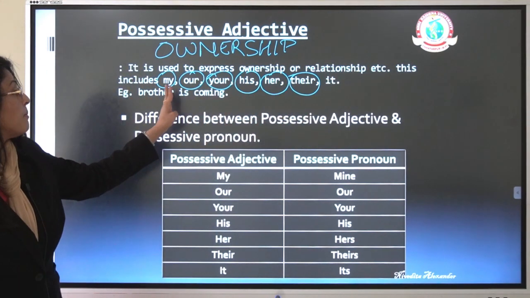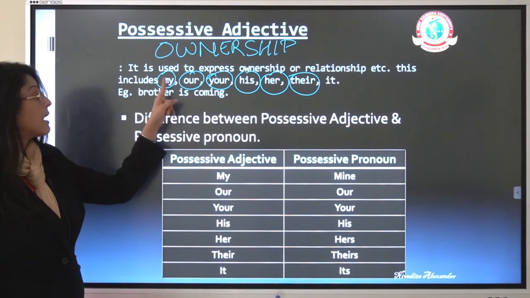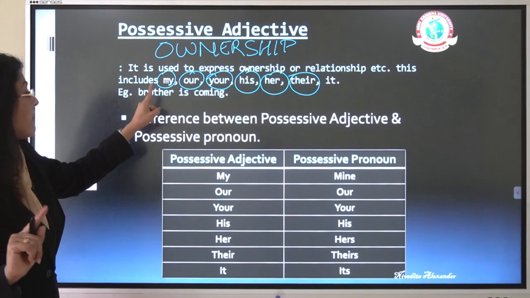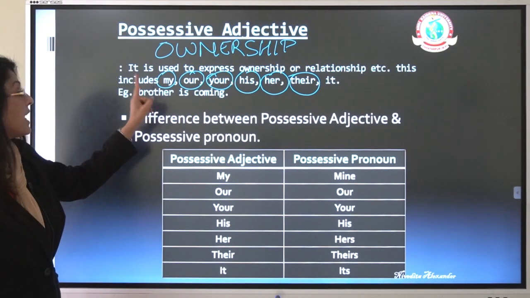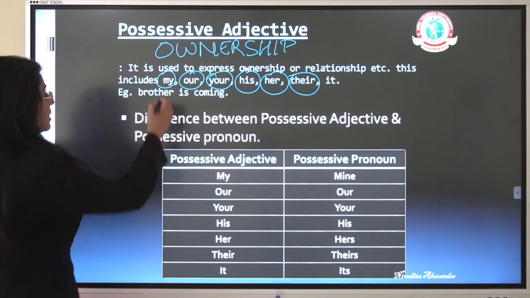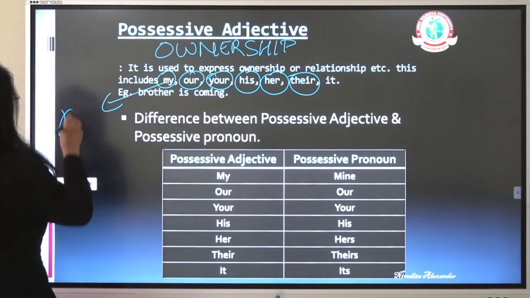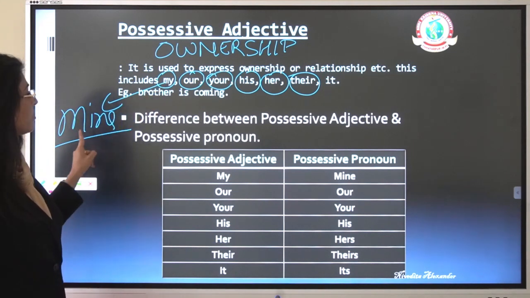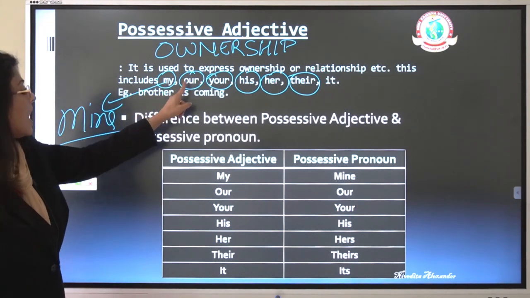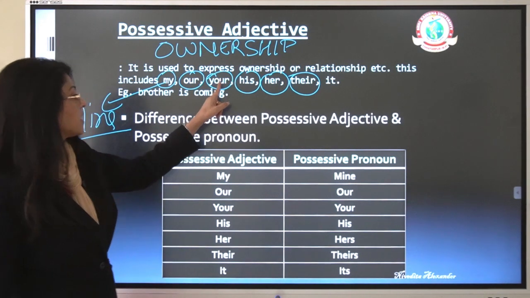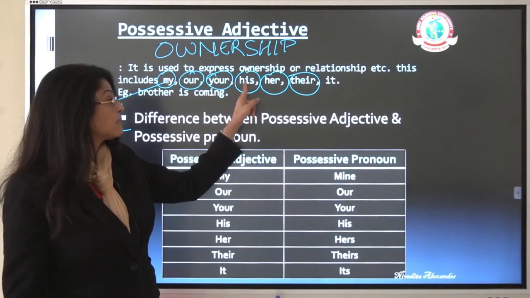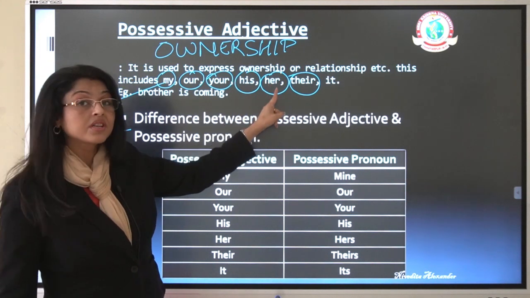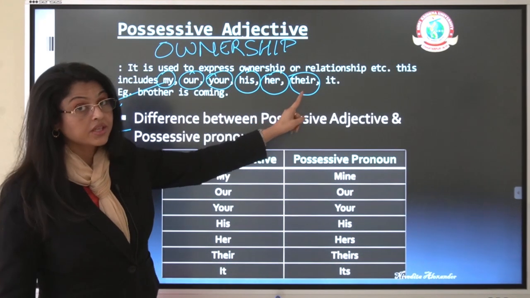These include my, our. Now if you want to make my, an adjective, into a pronoun, I have already explained to you how you change an adjective into a pronoun. This my will become mine. So this becomes a pronoun and this is an adjective. Our becomes ours. Your becomes yours, his remains his, her becomes hers, their becomes theirs.